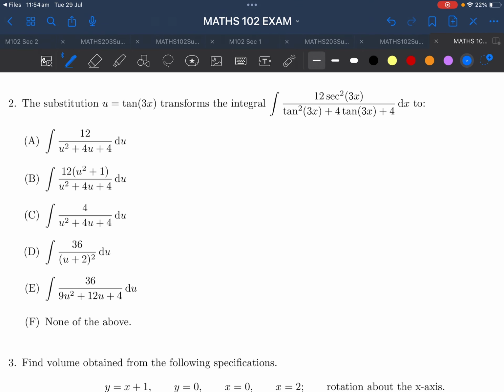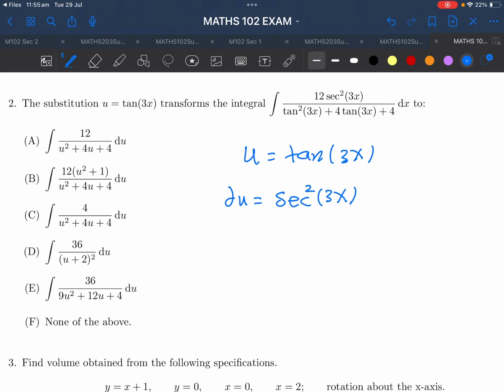Question number 2, it says that the substitution u equal tan 3x transforms this whole integral to something easier. So the good news, I have du. So I just need to find dx. Derivative of tan is secant squared 3x.